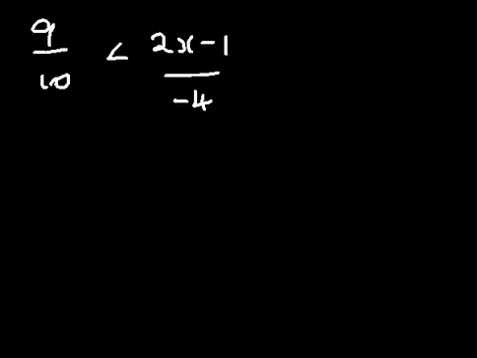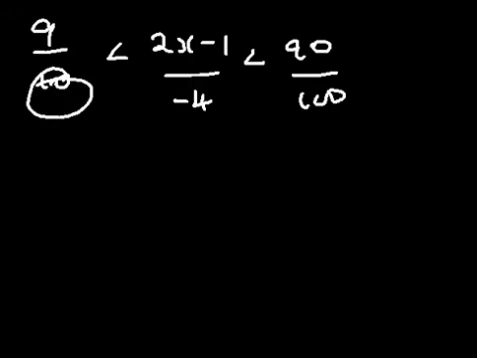And what if we have this case? Let's say we have 9 over 10 less than 2x minus 1 over negative 4 less than 90 over 100. So what is the solution of this one?